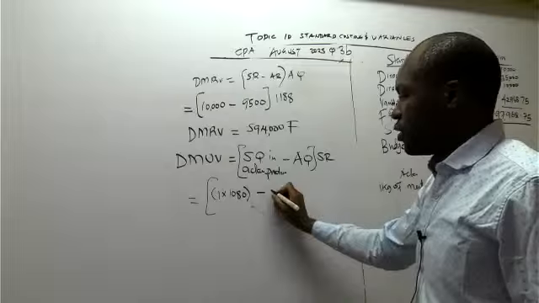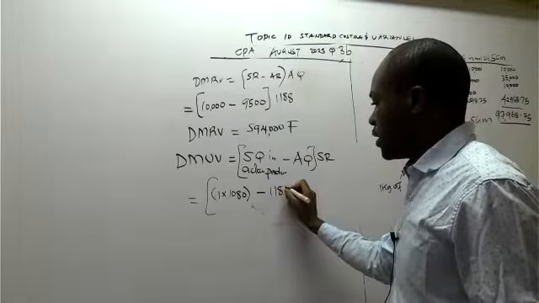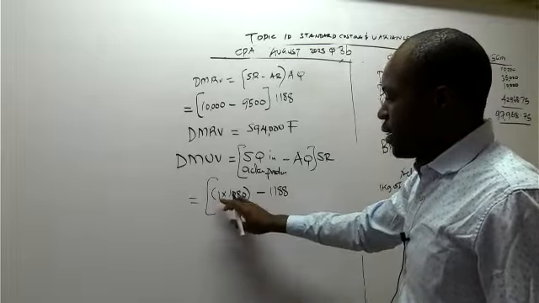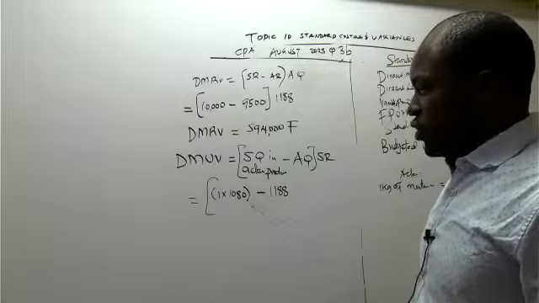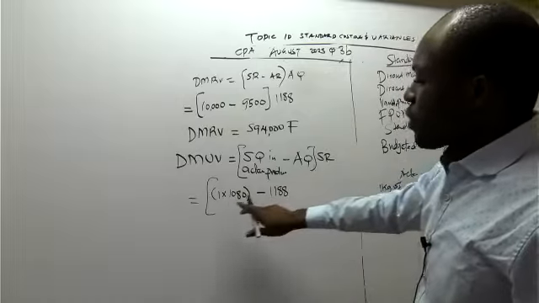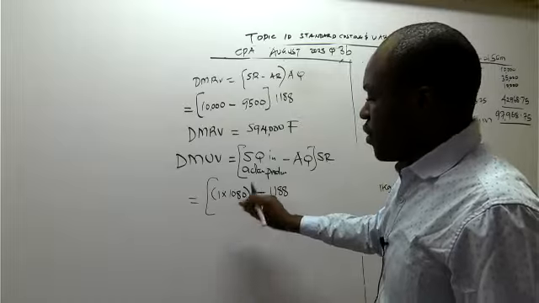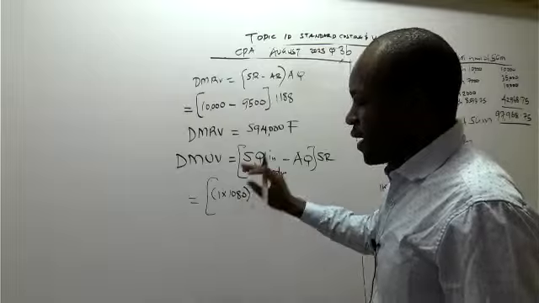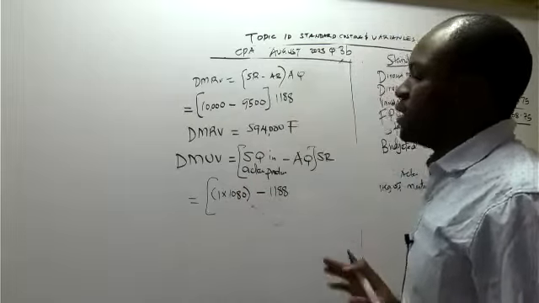Actual quantity of raw material ni ngapi? 1188. Aya, nipatie answer hapa. 1 times 1080 ni 1080. In your budget, as per your standard hapa juu, ulisema you are going to spend 1080 kgs to produce this SGM.